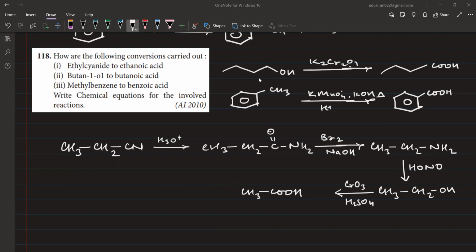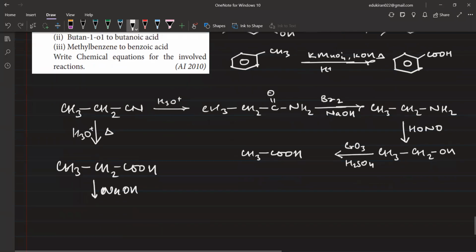अगर मान लीजिए आपने इसको पूरा इस तरह से कर दिया, H3O plus and heat. So this will be CH3 CH2 COOH. आपने इसमें base डाल दिया, NaOH. NaOH base डालने की वजह से आपको क्या मिल जाएगा यहाँ पे?